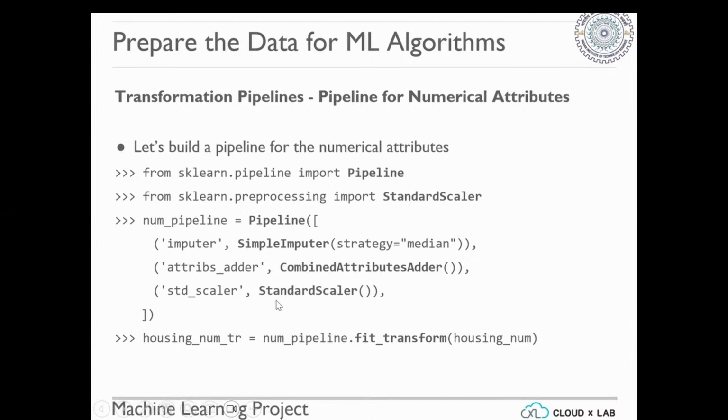Then it will apply fit_transform to the StandardScaler class, right? So when we write dot fit_transform, it will apply fit_transform to each and every step one by one: first to SimpleImputer, then to CombinedAttributesAdder, and in the last to the StandardScaler class, right?